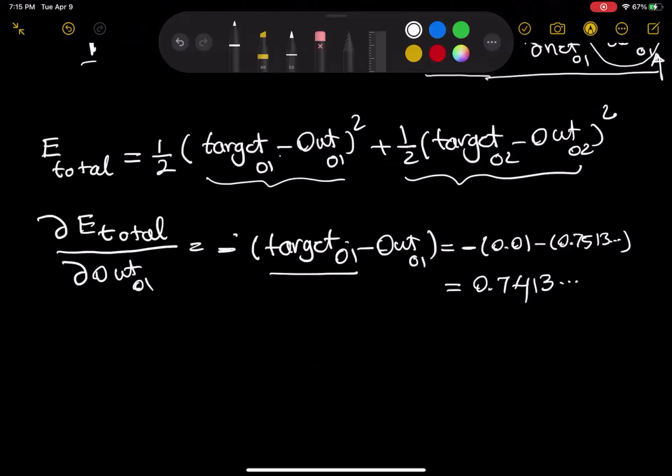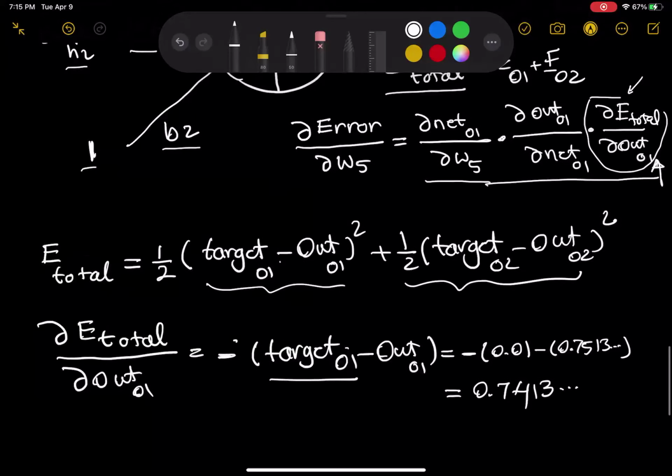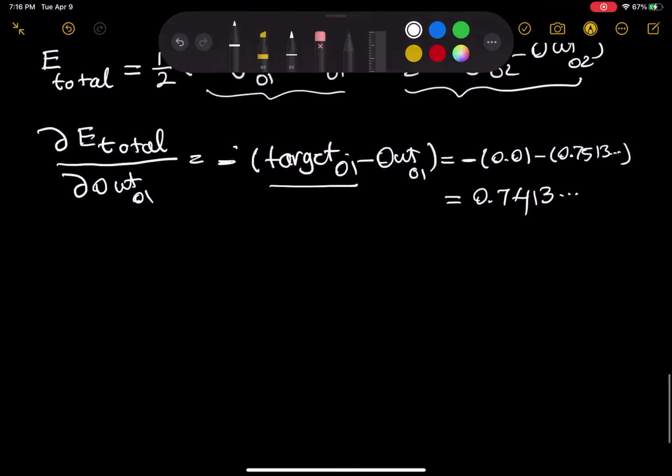All right. Now I'm going to continue. The rest of them is pretty straightforward, because what I need to do right now is calculate this derivative. Let me put it in red here, this one. The derivative of out O1 with respect to net, and then finally the last one. So let me write that quickly.